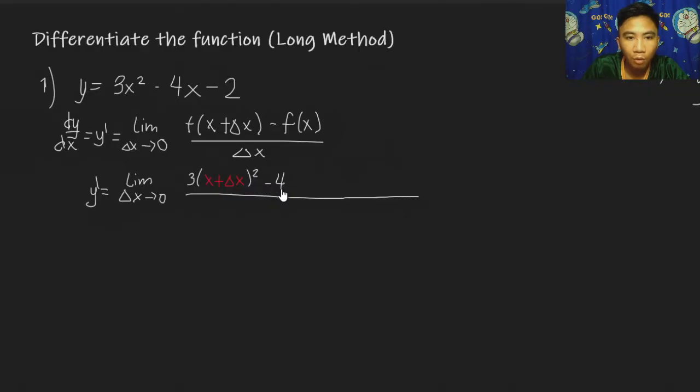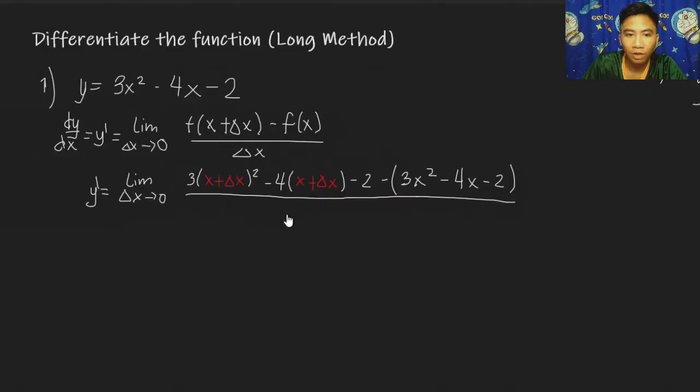Minus 4 times x plus delta x. Minus 2. And then, ima-minus daw natin yung original function, which is 3x squared minus 4x minus 2. Divided by the delta x.